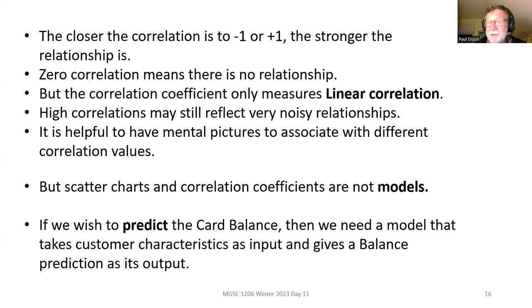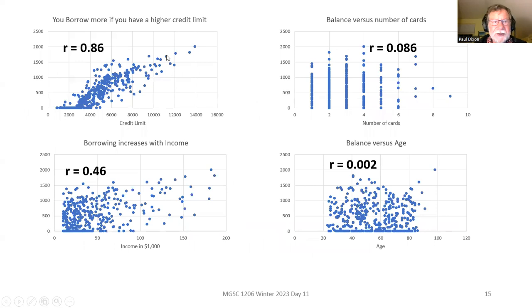But remember, those are only the straight line relationships that we get with correlation coefficients. We're going to be paying a lot of attention to straight lines, to linear relationships. But we have to be careful. Even with very high correlations, here's one between credit limit and their balance, it looks like a very, very strong pattern, but there's still a lot of scatter. Look at the difference between high and low, from $500 to $1,500.